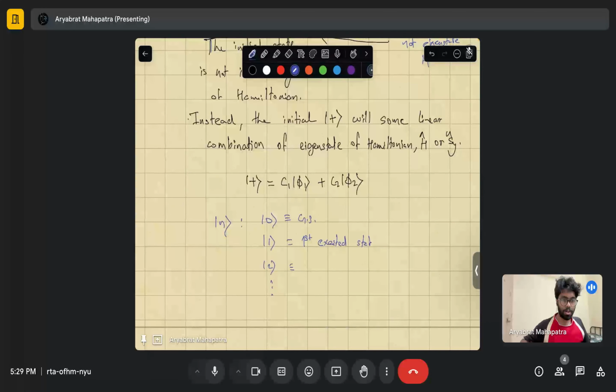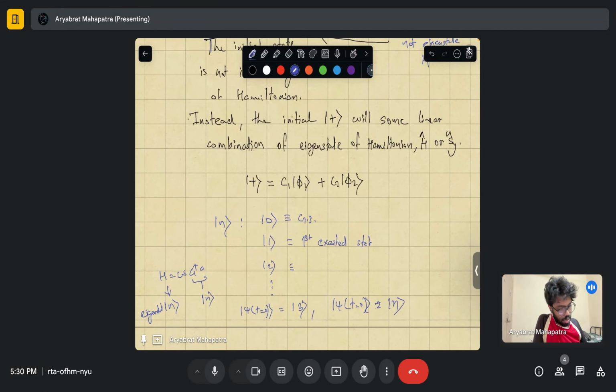If the harmonic oscillator, with Hamiltonian omega a dagger a, has eigenstates |n>, because the eigenstate of a dagger a is also |n>, and initially the oscillator is in some state psi at t equals 0, it could be some eigenstate, say |3>, or some nth state.